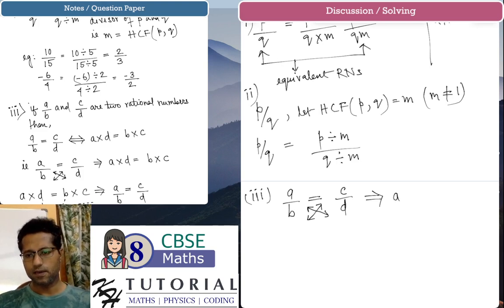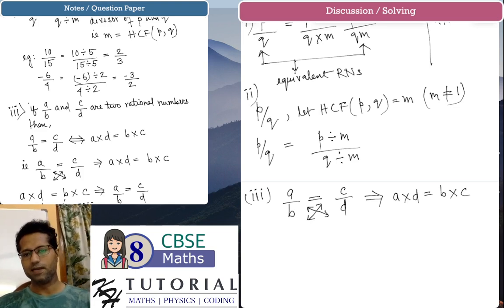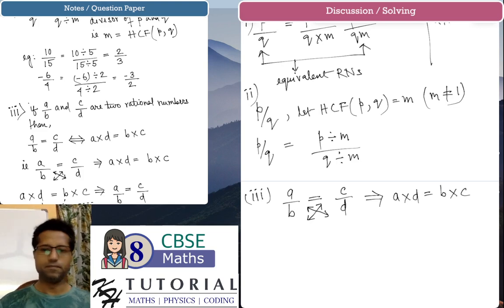So if two rational numbers are equal, that is, if you have a by b equal to c by d, this will imply a into d is equal to b into c.